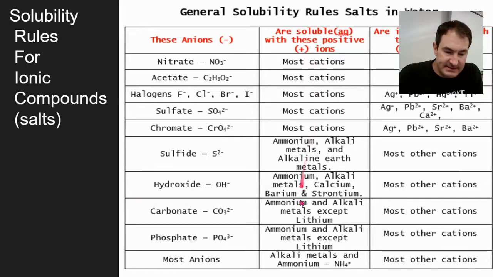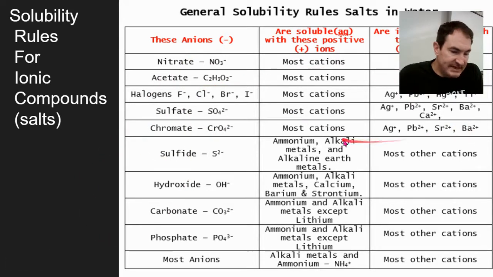If it fits in this column, this is soluble. These cations are all soluble when joined with these anions. If your cation falls into this last column here, then it's an insoluble compound with these anions.